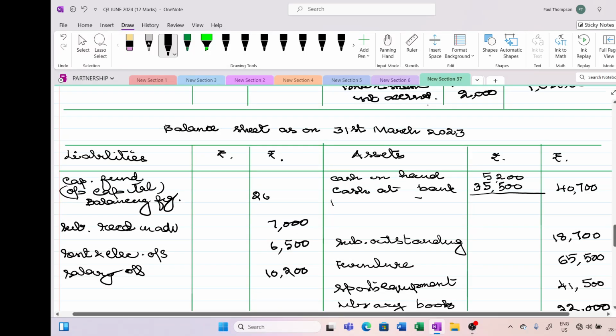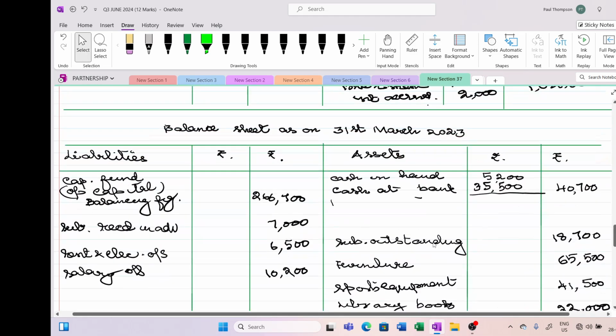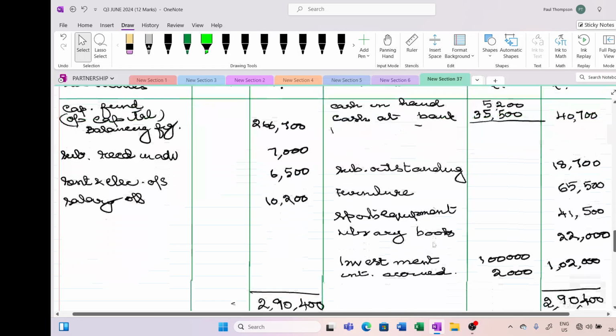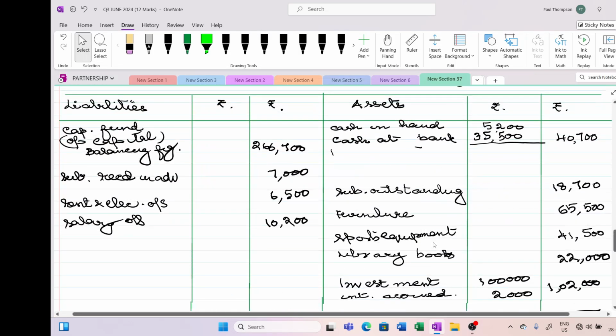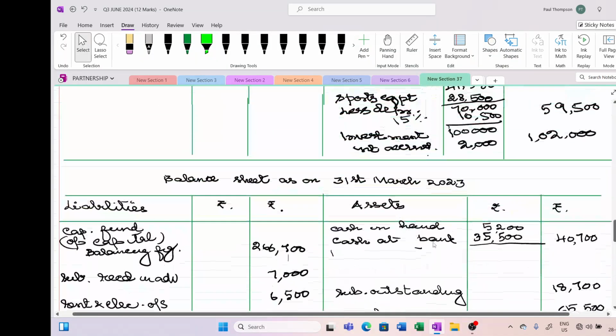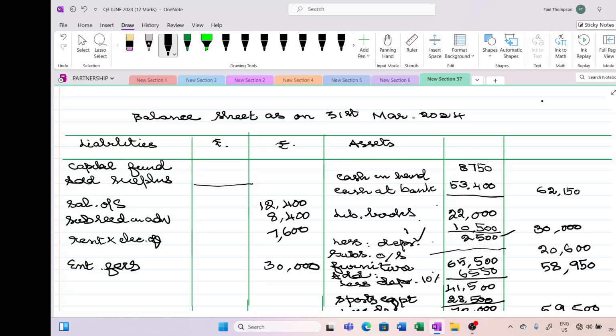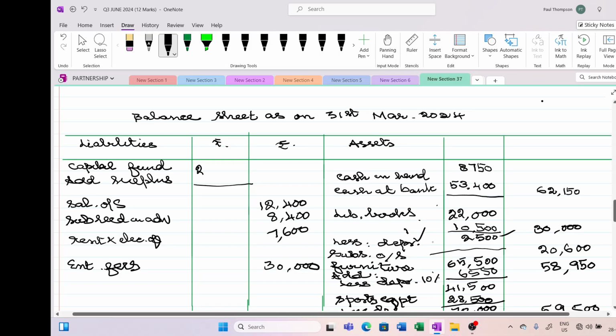266,700. Okay. So now the opening capital fund we got it. So now we should take this opening capital fund into this current balance sheet. 266,700.